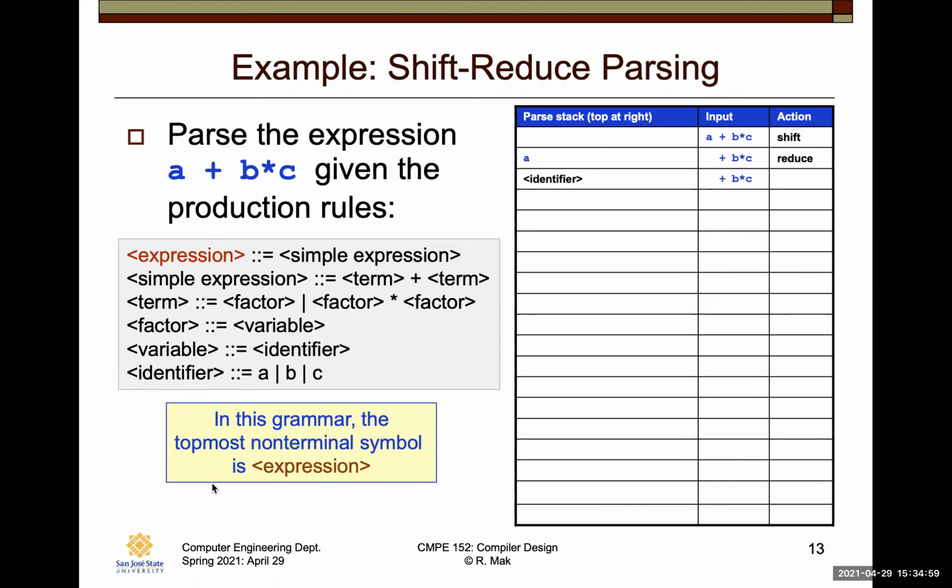A is popped off and we replace it with identifier. Identifier matches the right-hand side of a rule, so we do another reduction, and identifier becomes variable. Variable matches a rule, so we reduce variable to factor. Are we okay so far?